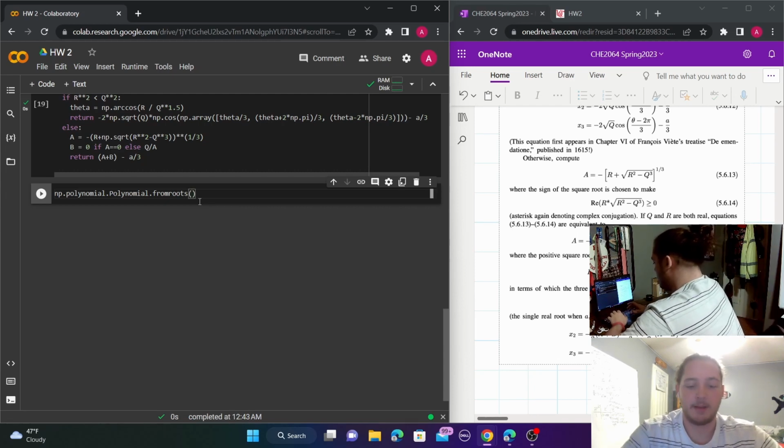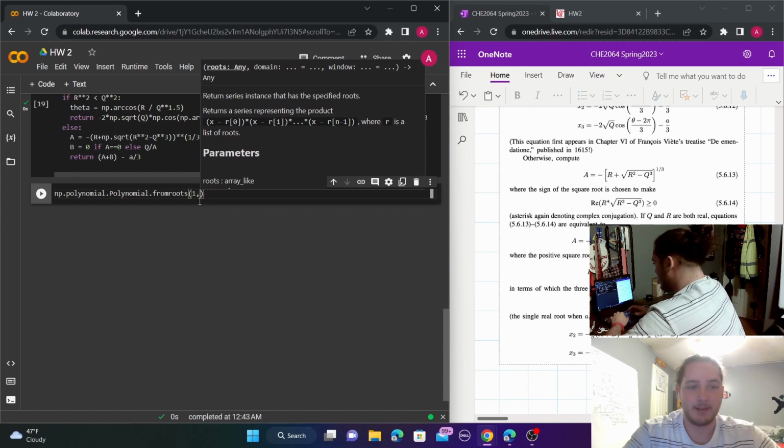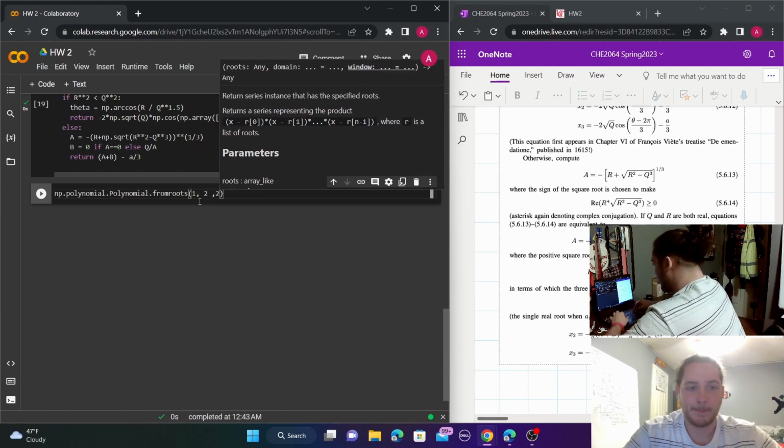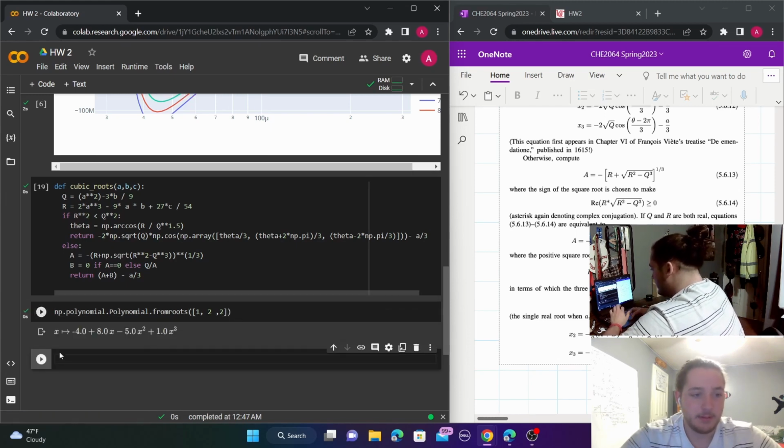So we can go ahead and input some numbers into here, and then we can go shift enter, and then it displays our cubic polynomial.